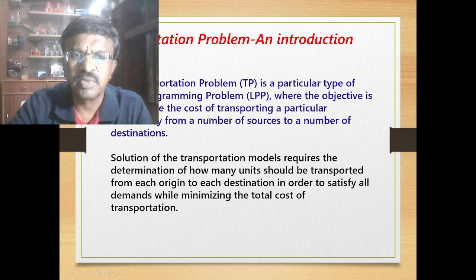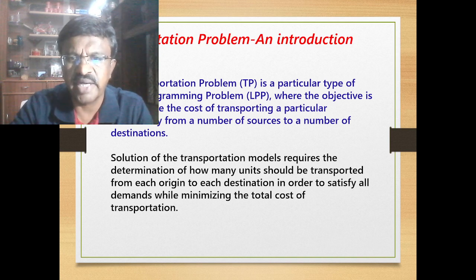Transportation problem. What is meant by a transportation problem? It is a particular kind of linear programming problem in which the objective is to minimize the total transportation cost of a particular commodity from a number of sources to a number of destinations.